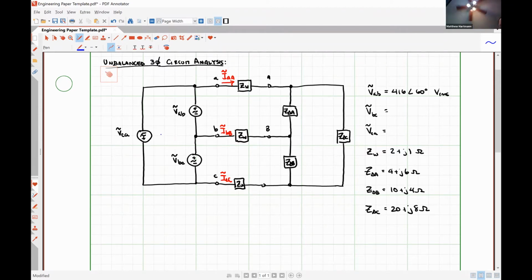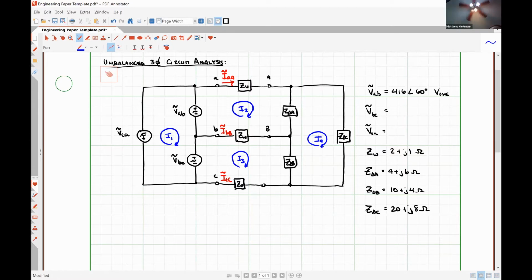So I'm going to call this guy mesh 1. This guy mesh 2. This guy mesh 3. And this guy mesh 4.